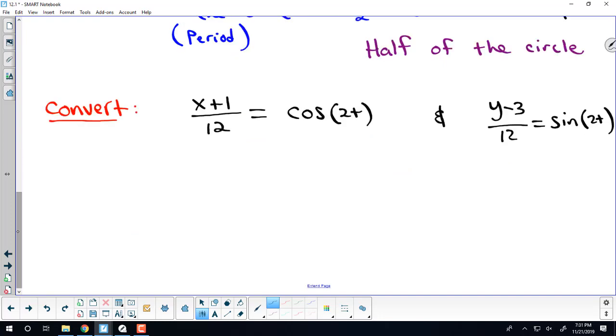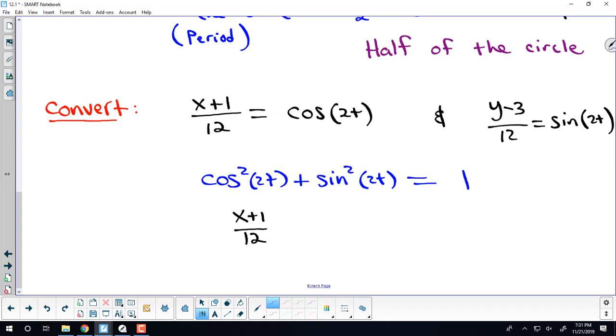So then squaring both sides. We'll do cosine first. From that relationship, that means x plus 1 over 12, quantity squared, plus the quantity y minus 3 over 12, this quantity squared, equals 1.